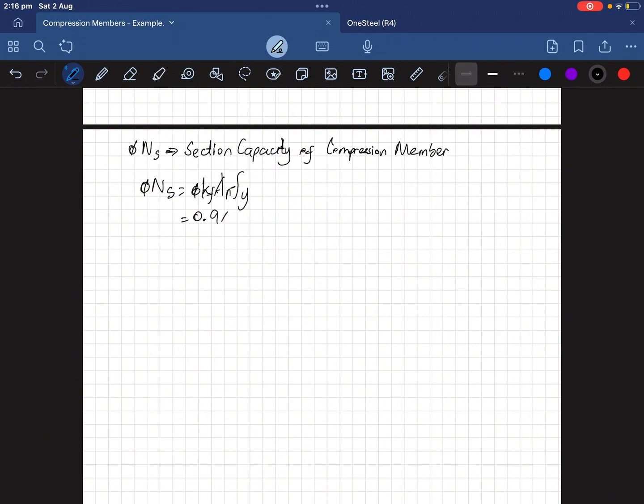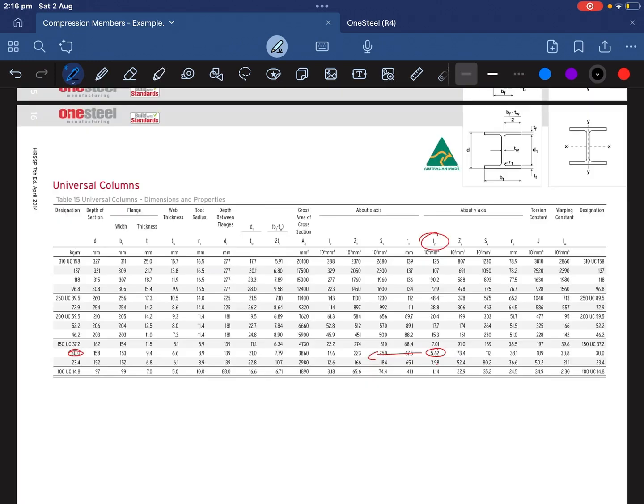That is equal to 0.9 times 1.0 times the net area here, because we're assuming that we don't have any holes in our cross section, so the net area here will just be the gross section area, AG, which we can also get from the steel catalog table for 150 UC30, which is 3860.